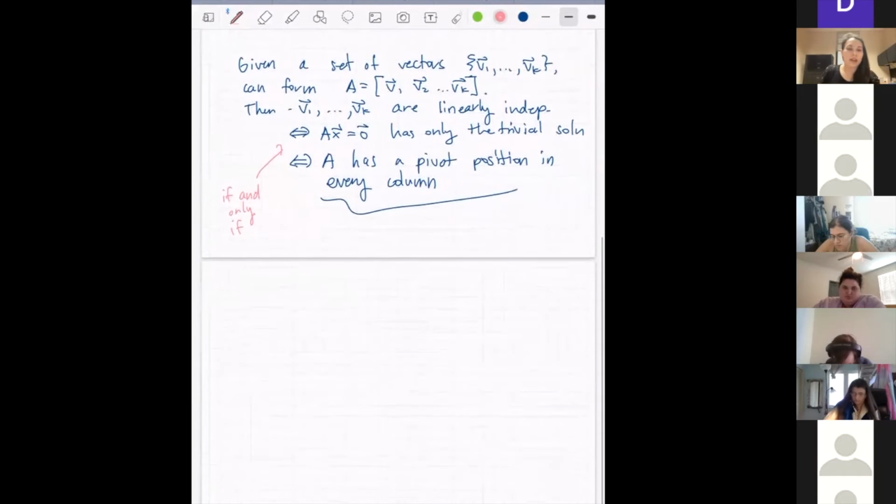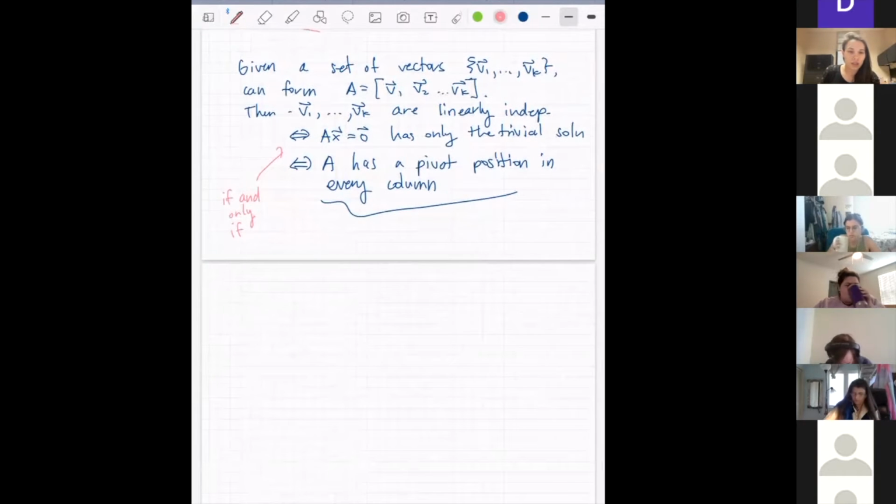And so just to visualize this, say a matrix that has some pivots, something like this, right?